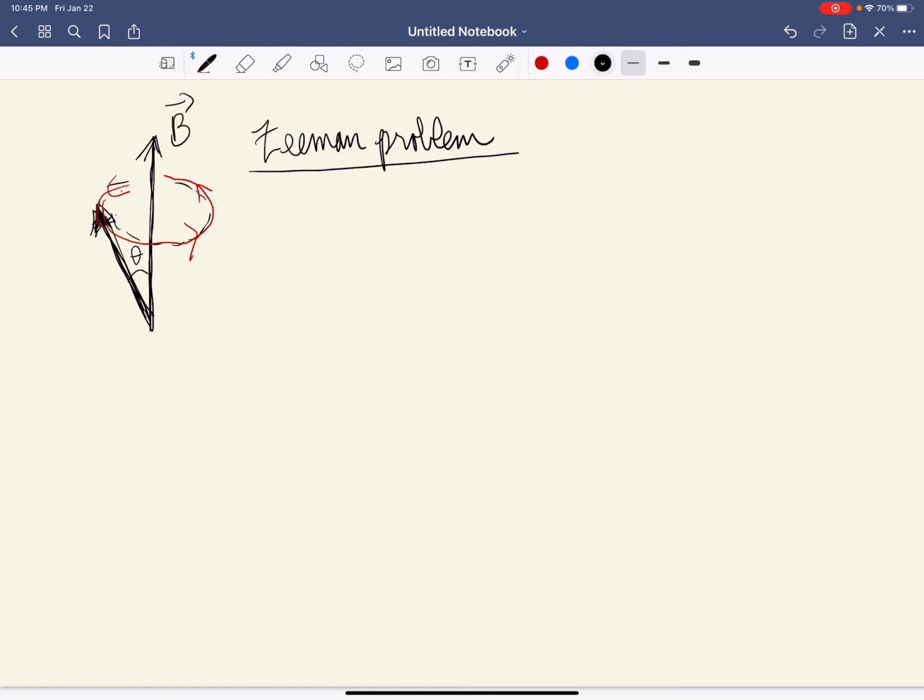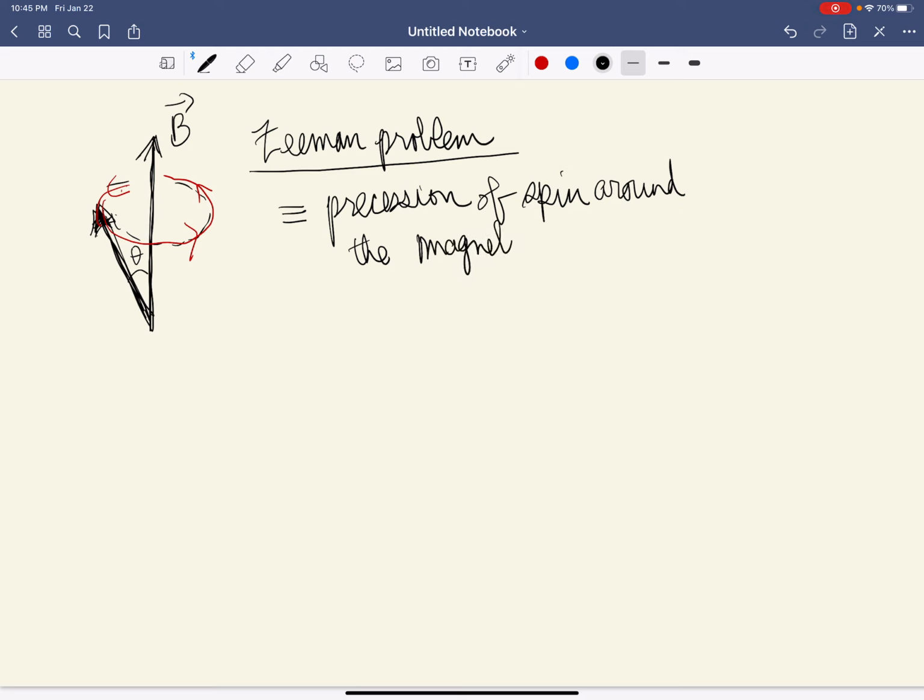Okay, so the Zeeman problem is nothing but the precession. The Zeeman problem gives you nothing but the precession of the spin around the Zeeman field, around the magnetic field. Okay, so that's the essence of the Zeeman problem.